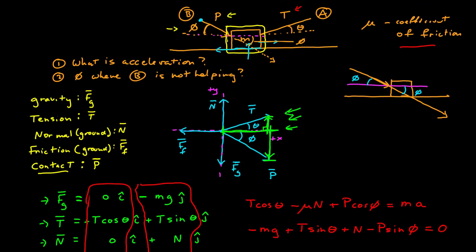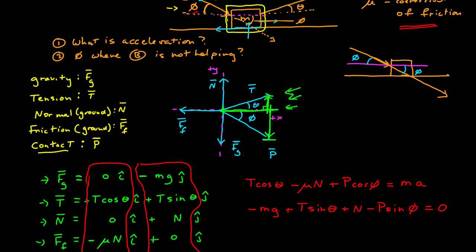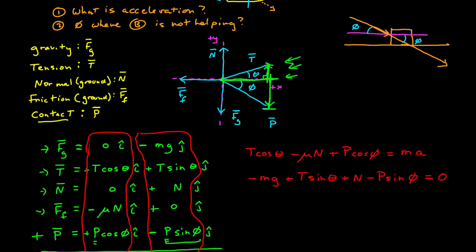So the problem says you know what the T and the P and the theta and the phi are, and the mu, the coefficient of friction, but they're not giving you explicit numbers for those. They want you to work the entire problem in terms of the variables. In general, you always want to solve your problems in terms of the variables first, and only put in numbers at the very end, unless you have some very compelling reason to do so.